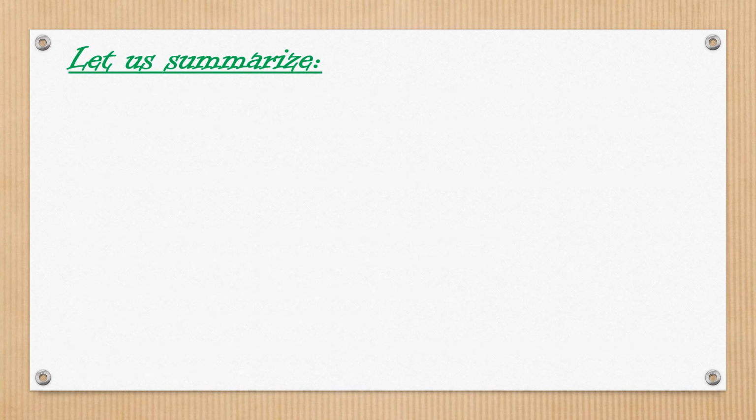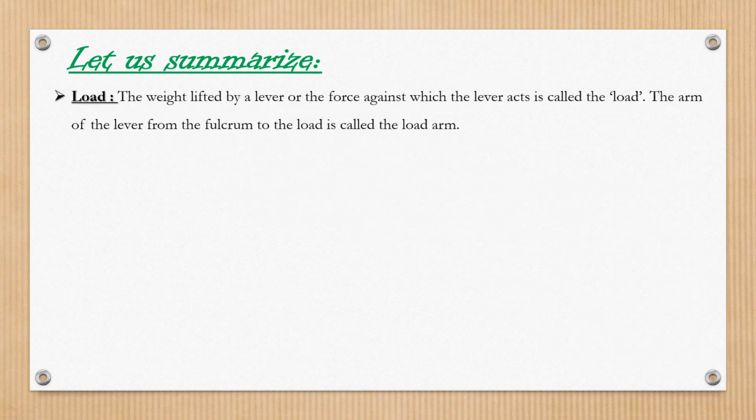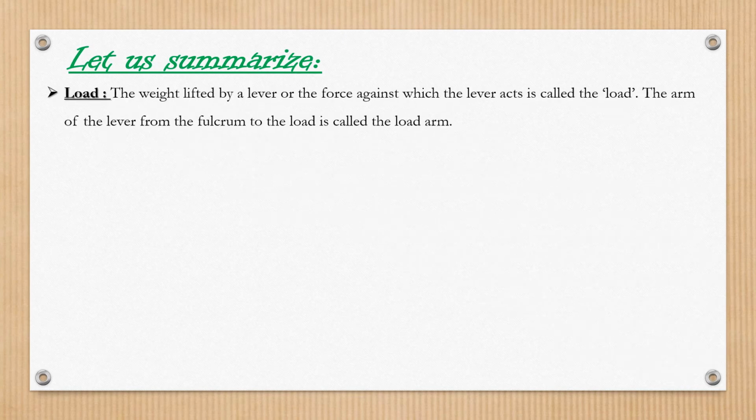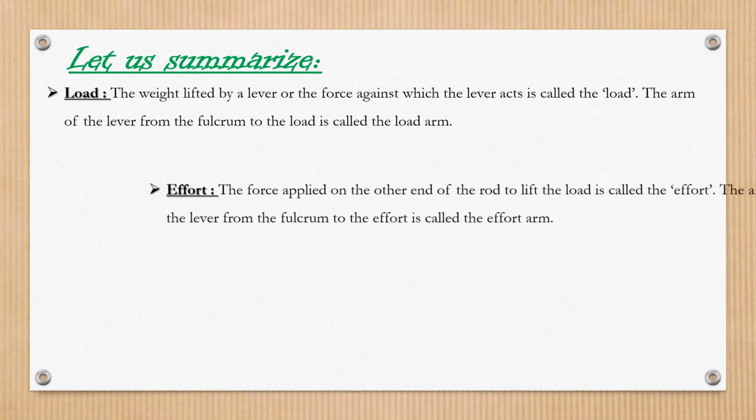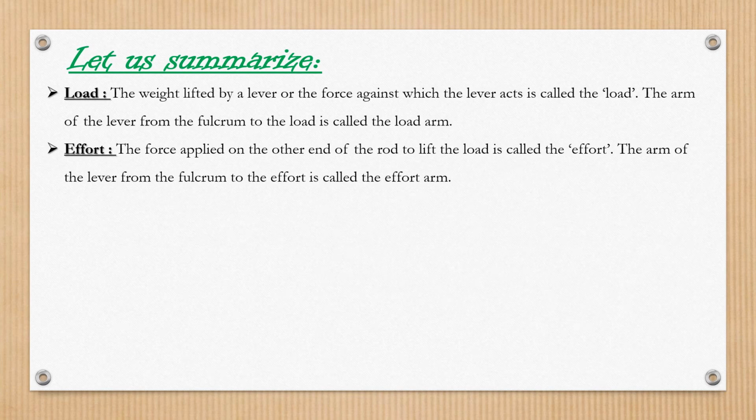Then we also studied about load: the weight lifted by a lever or the force against which the lever acts is called the load. The arm of the lever from the fulcrum to the load is called the load arm. Then we studied about effort: the force applied on the other end of the rod to lift the load is called the effort.